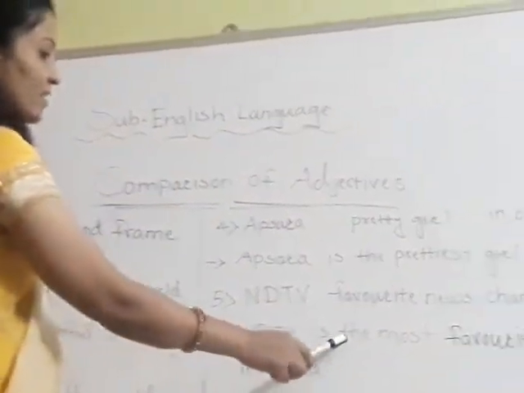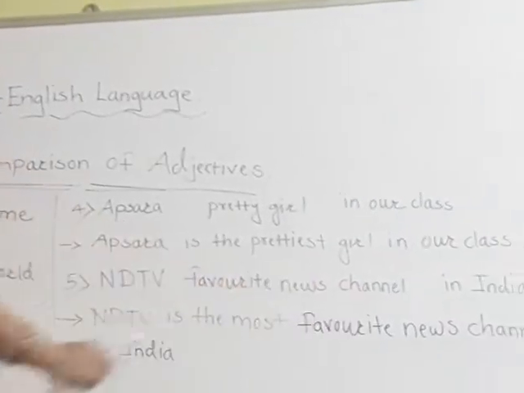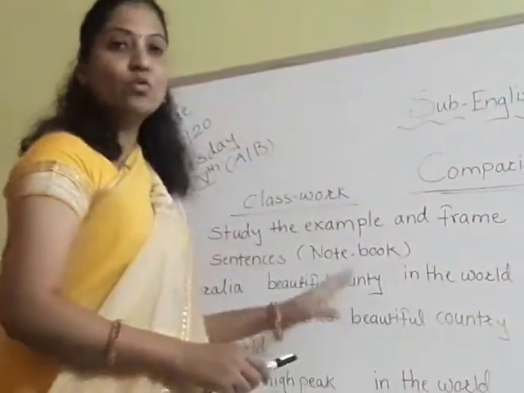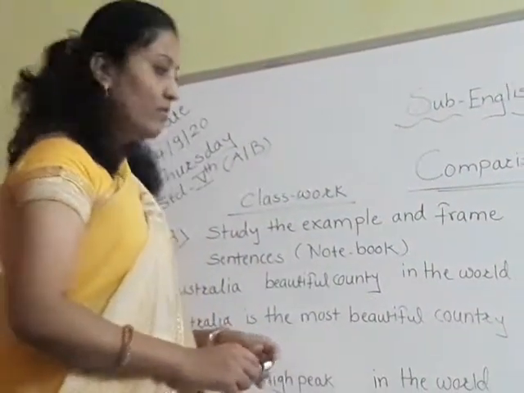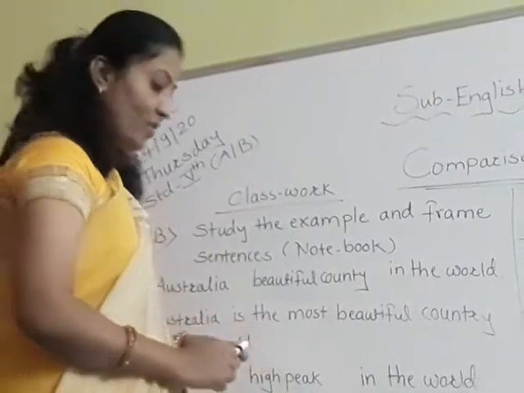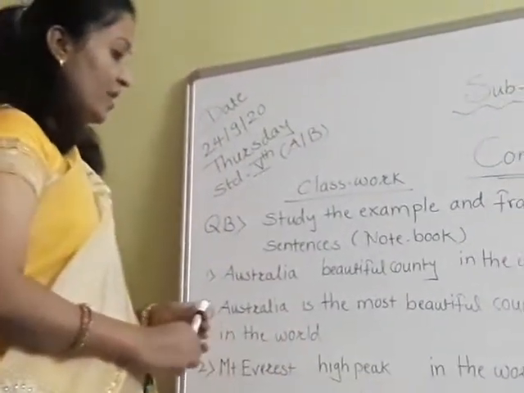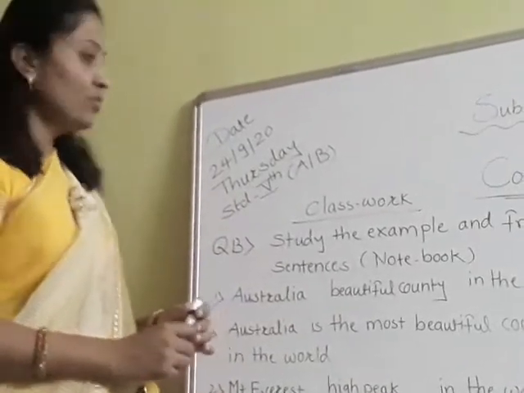So you have to form the sentence like this: NDTV is the most favorite news channel in India. So like this, we have solved question number B also. You have to copy it in your notebook without fail. Okay, without forgetting.